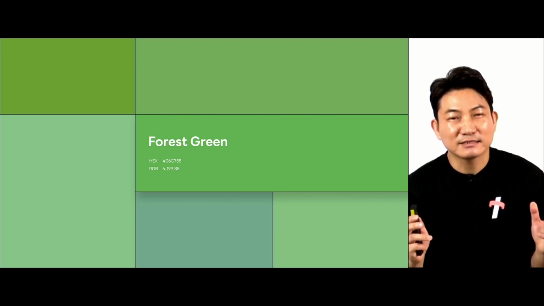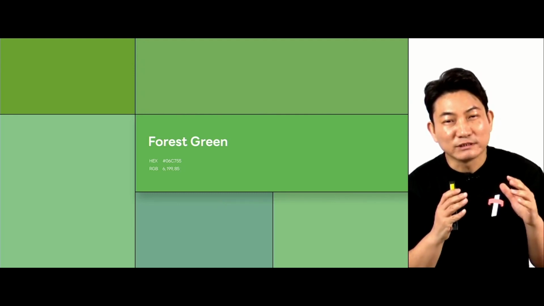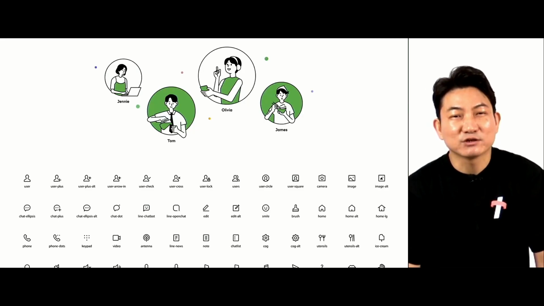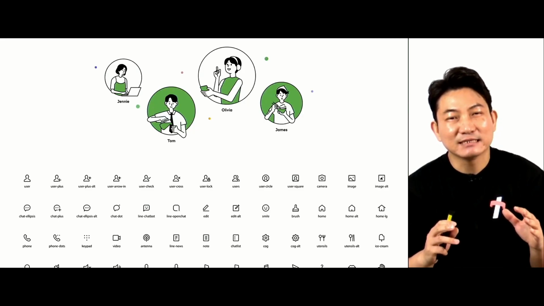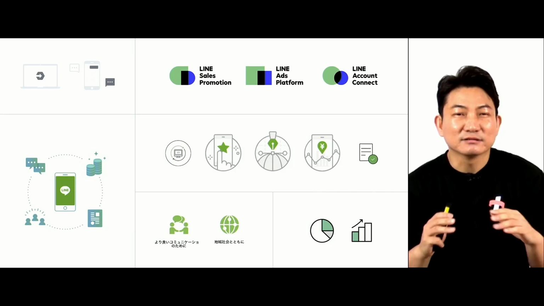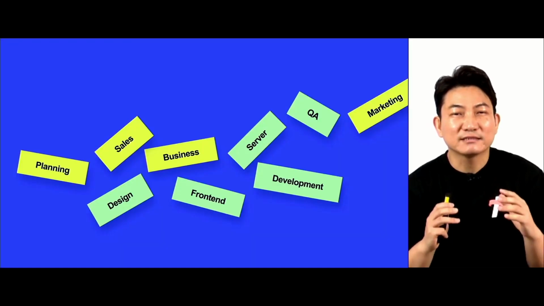But you can see that even though they call it forest green, it has different shades of green. Of course, the colors are coded on the system, but these differences in shades probably come from being out of date, not having been updated. And also, all these icons are managed quite well, but on the LINE sites, I couldn't find them anywhere.